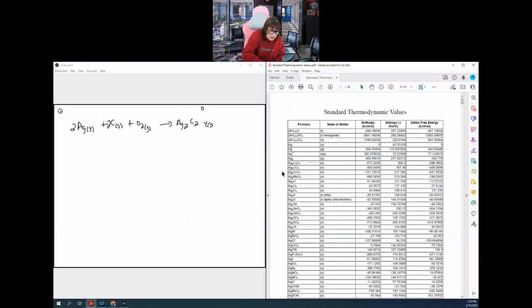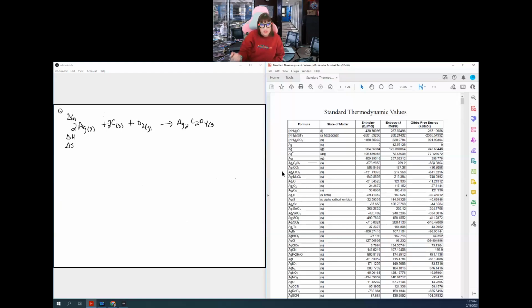Since I want to do this calculation in two ways, I want to move this so that I can then do both of them. And what I'm going to do is write the delta G values above the line and then the delta S. So delta G up here, delta H, and then delta S. Or actually the S values that I will get from this table.